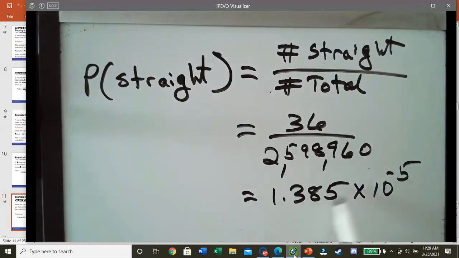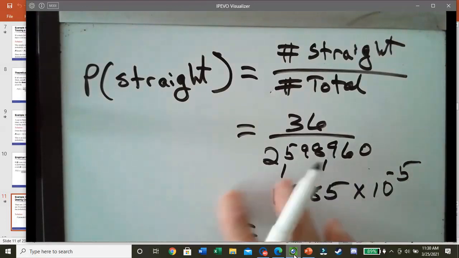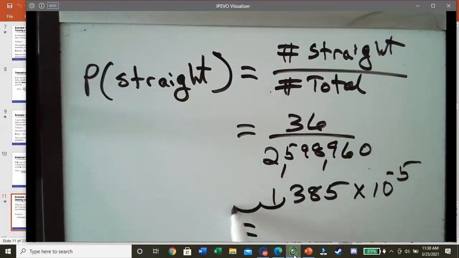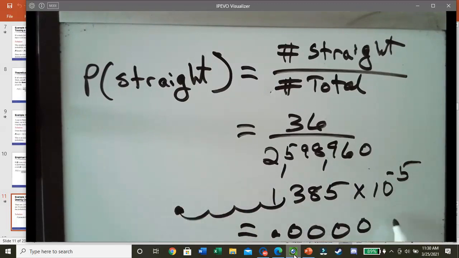So if you took that, your decimal, and moved it, you would move it 4 places to the left. 1, 2, 3, 4. And so that would be 0.000, 1, 2, 3, one more, 4, one more, 5.